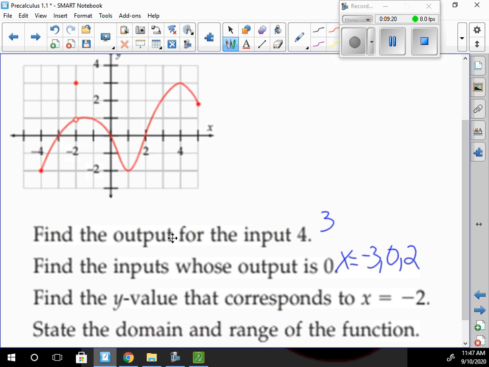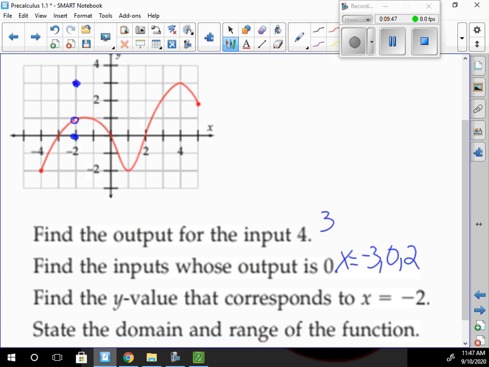If I go back to negative 2 for the input, you'll notice that my red graphing line has this little hole here. And that means as the red line gets closer to it, like it's the same spot on both sides, but there's a gap there. Up above, you'll see that there's a solid dot.